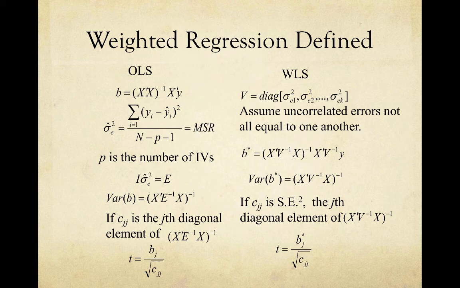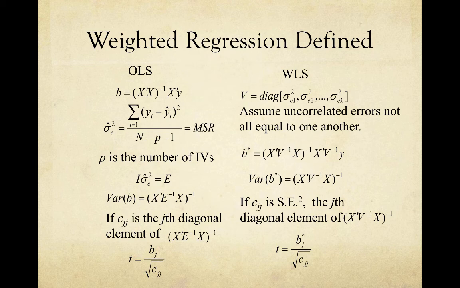Each observation is y and the predicted value is y hat. We subtract the predicted value from the actual value, and that squared difference is a squared error. We divide by the degrees of freedom to get a mean squared error, or the average squared error. P is the number of predictors, N is the number of observations.